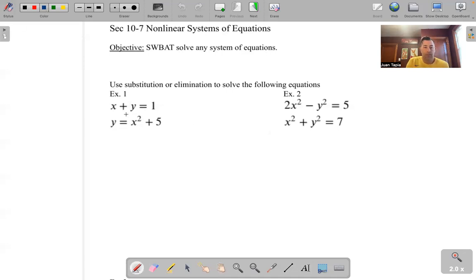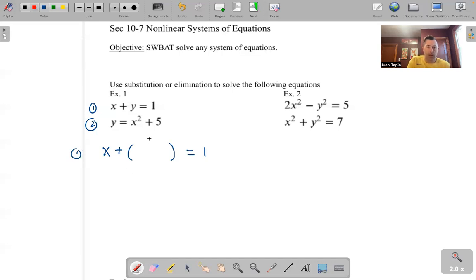So as I look at example 1, I think I might just look at it and do a form of substitution. So y is sort of already solved for in this equation. So I'm going to go ahead and write the top equation and substitute in what y is into it. So x plus y is equal to 1. That's my top equation.